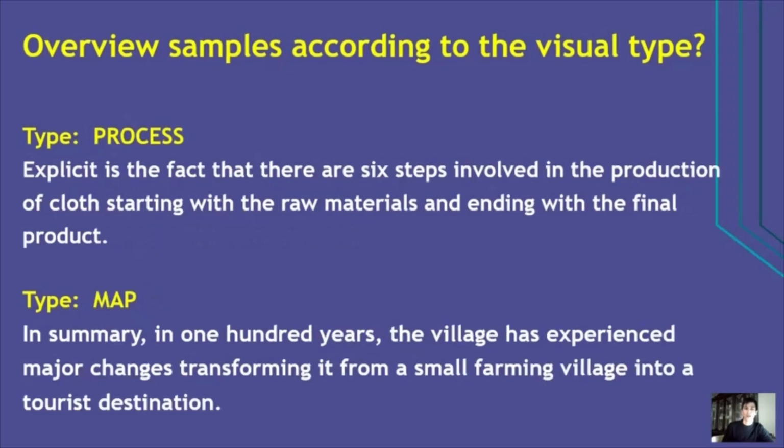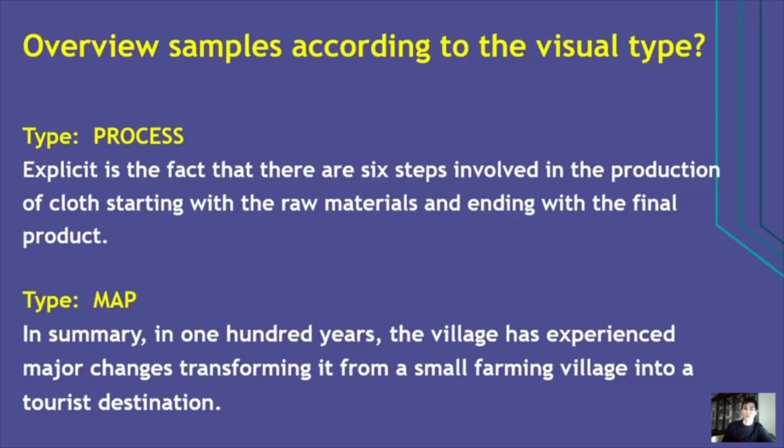Let's have a look at another one. Process. Explicit is the fact that there are 6 steps involved in the production of clothes, starting with the raw materials and ending with the final product. For a process, we can give an overview including the steps or stages of the process. Type: map.